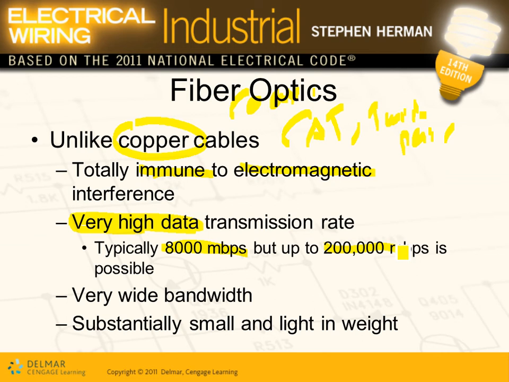I always compare it, Matt, to interstates. Remember in the US where all the states are connected through this grid of interstates? We don't connect them through alleys, do we? Imagine an alley from here to Texas, and you're going to drive at what, 10, 15 miles an hour in an alley? That's what twisted pair is for you compared to the coaxial cable. Okay, very wide bandwidth.